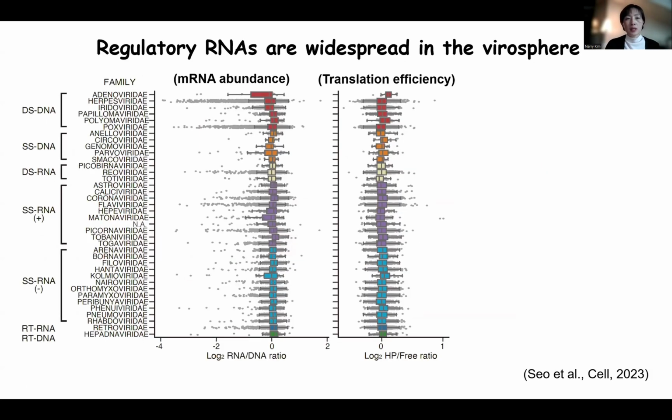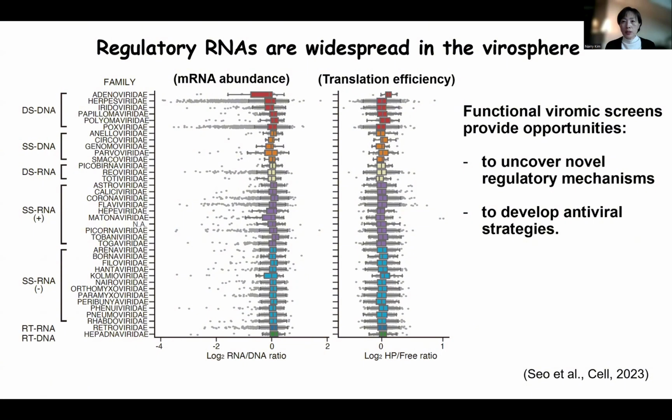From this study, we indeed found that regulatory RNAs are widespread in the virus sphere. So we have elements that enhance mRNA abundance or translation efficiency, or those that repress the mRNA abundance or translation efficiency. So functional viromic screens can provide ample opportunities to uncover novel regulatory mechanisms.